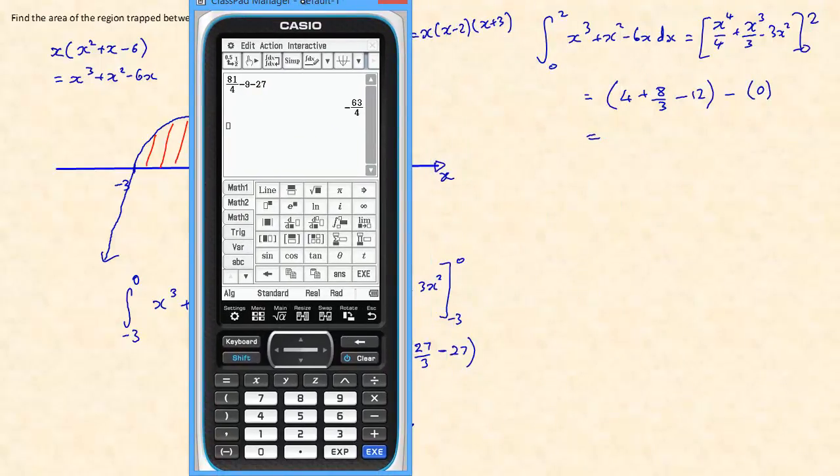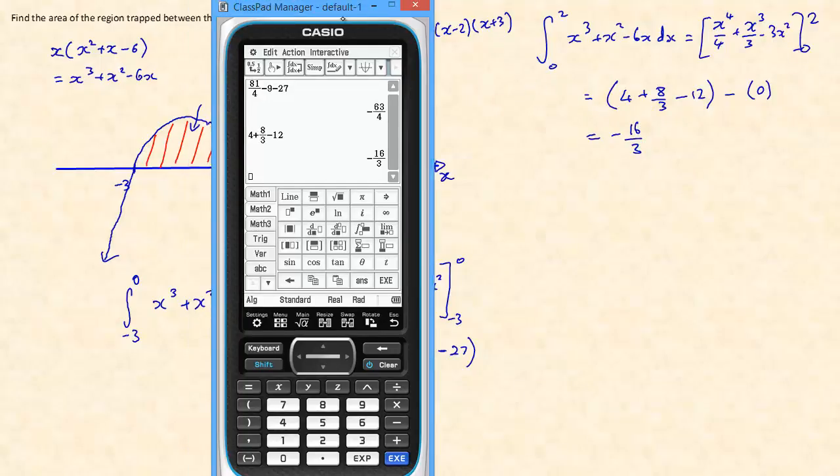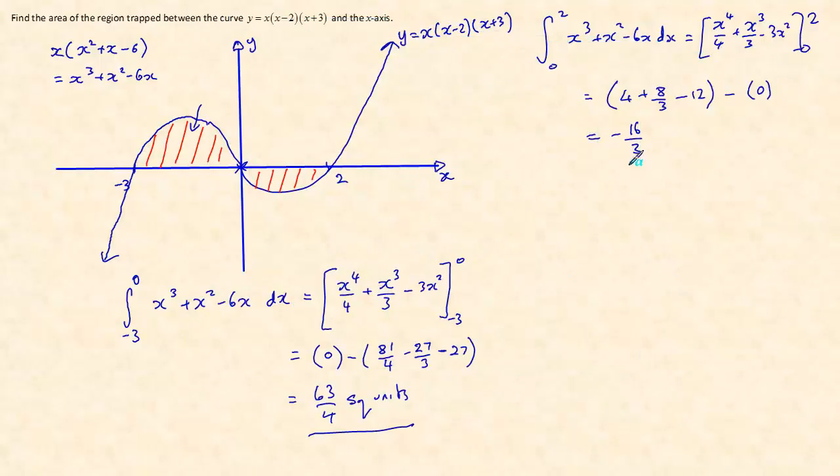So we have got 4 add 8 over 3, take away 12, and that's -16 over 3. Now, the negative just signifies the fact that it's below the axis. So actually the area is 16 over 3 square units.